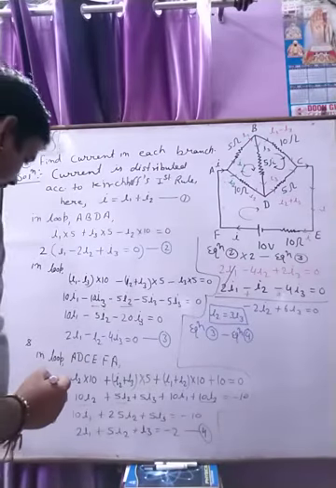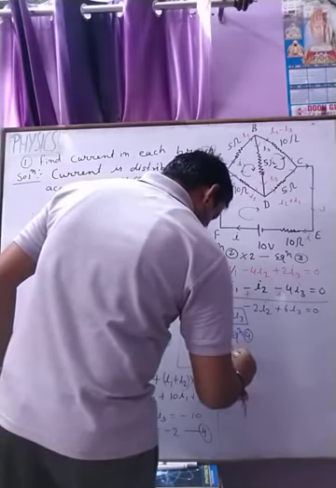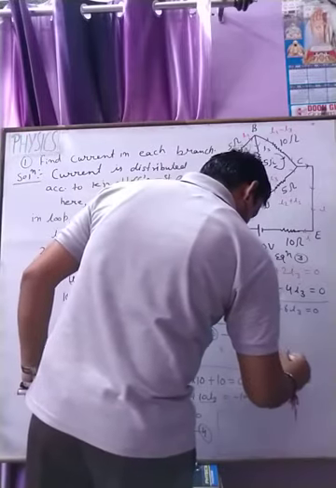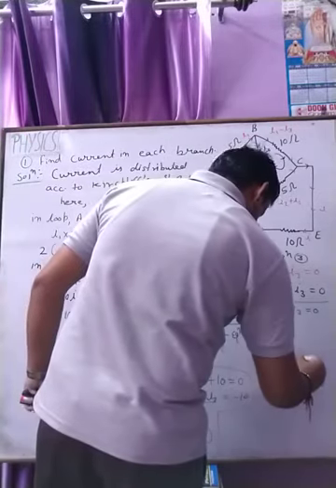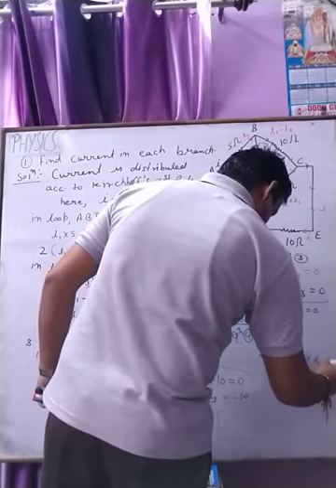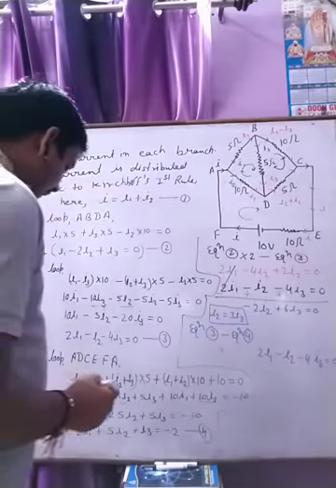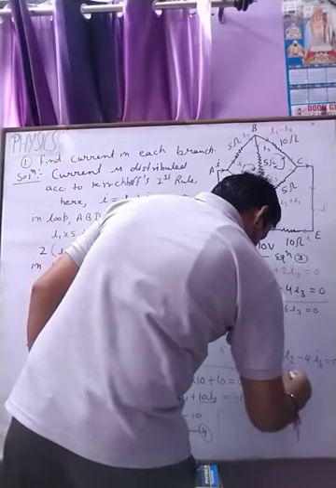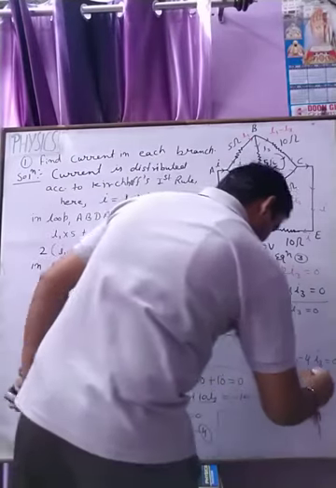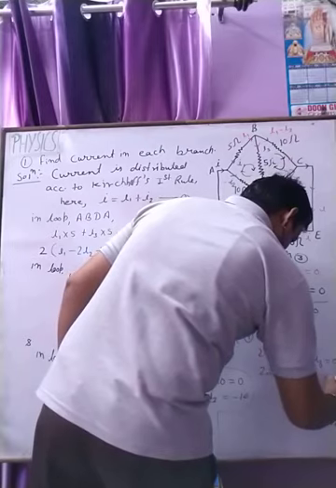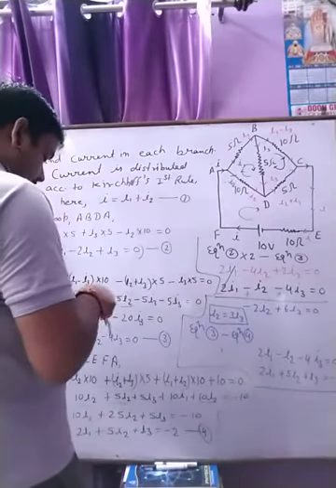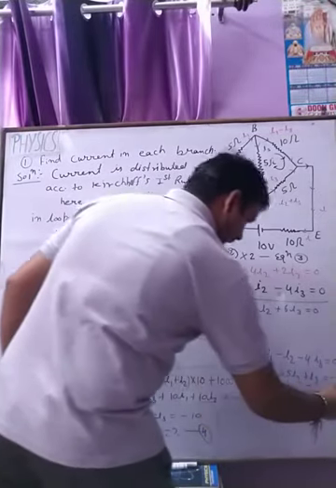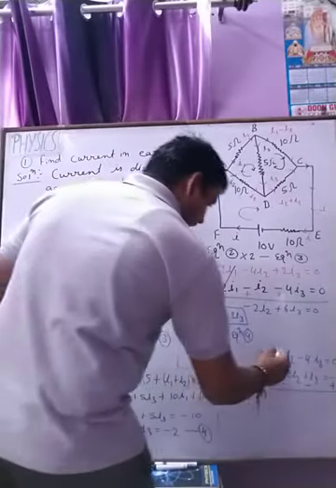We get from here 2I1 minus 3I2 minus 4I3 equal to 0 and 2I1 plus 5I2 plus I3 equal to minus 2. On subtracting, minus becomes plus. So this is cancelled.